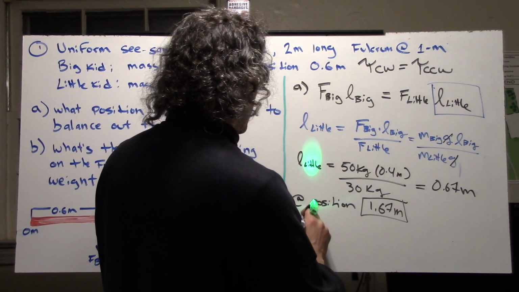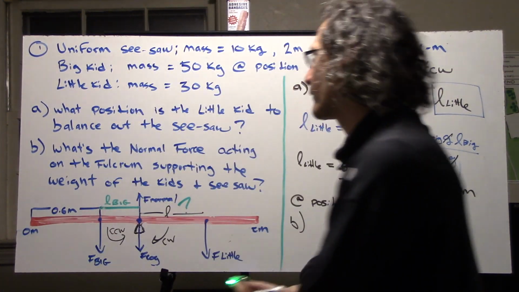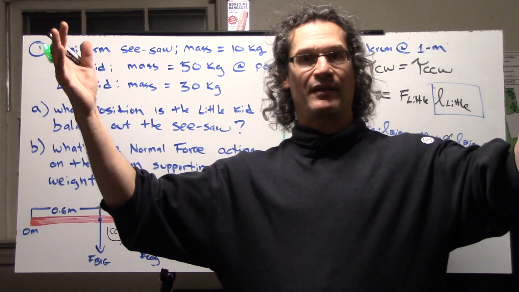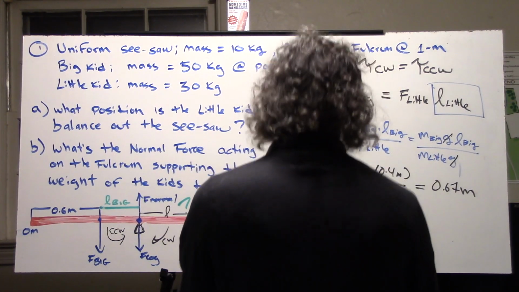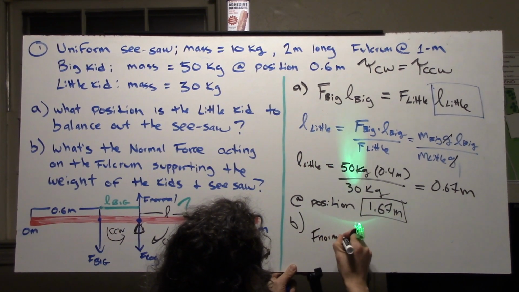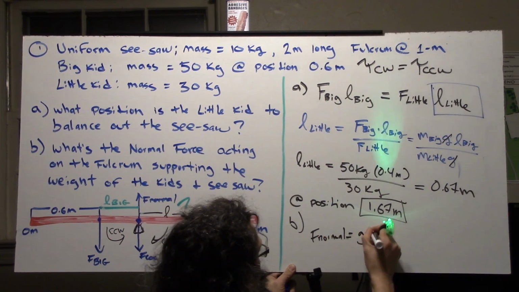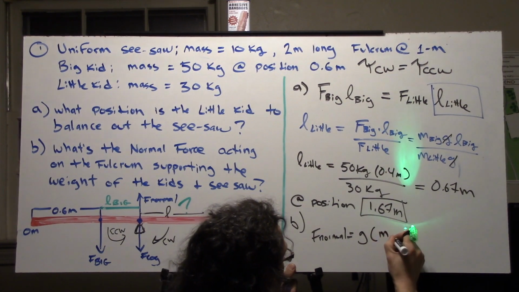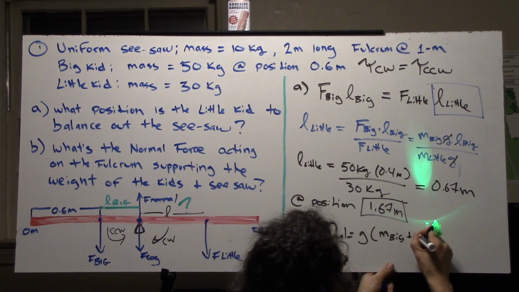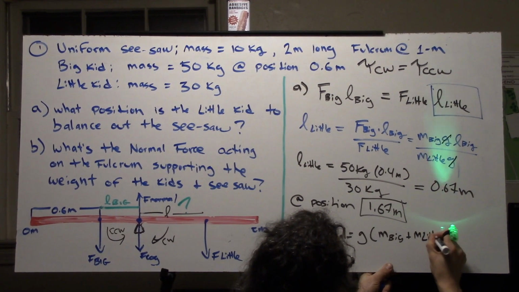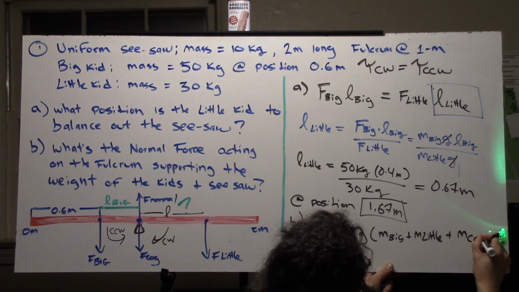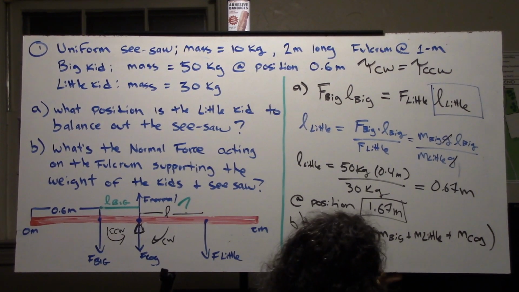Part B is really simple. We have all the masses. We add those masses together, multiply by G. That's it. So we just have the force normal is equal to G times mass big plus mass little plus mass of the center of gravity of the seesaw itself.